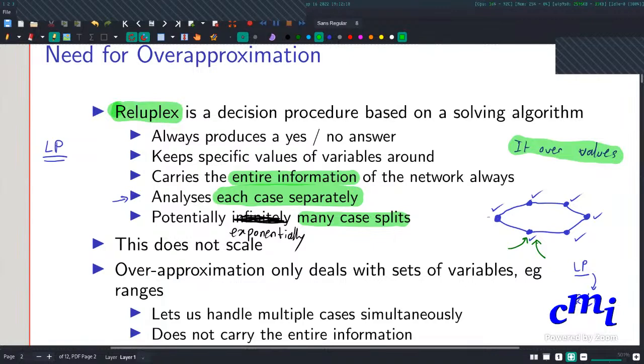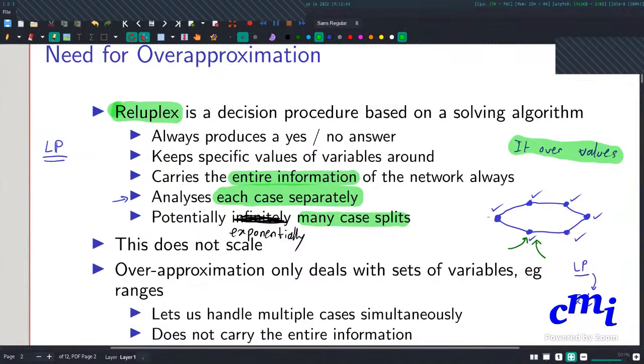But that's a different kind of over approximation. As he said, when you do a case split, you are throwing back, you're refining that over approximation. It tries to see if it can find a satisfying instance even without those case splits. But maybe that will happen, maybe that will not.